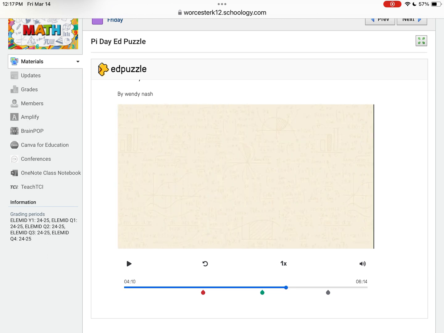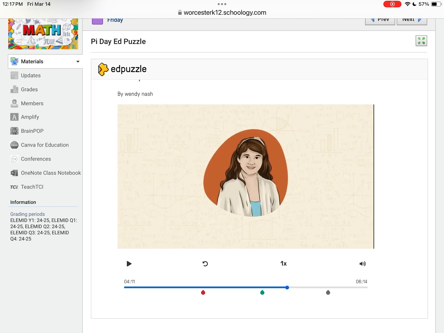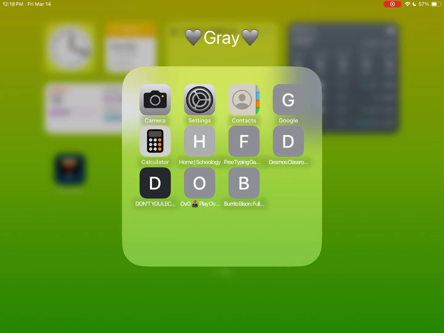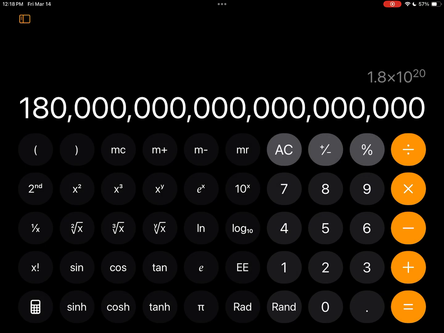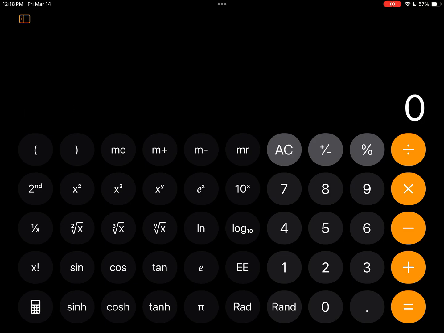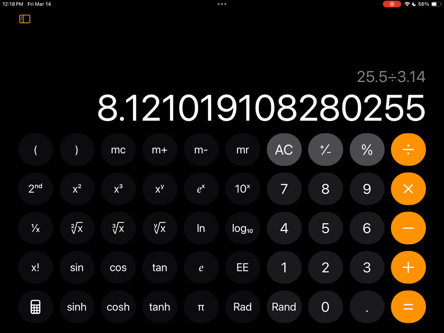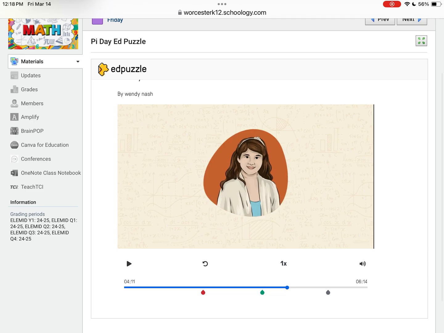In 2014, a first grader in Louisiana recited just over 600 digits.